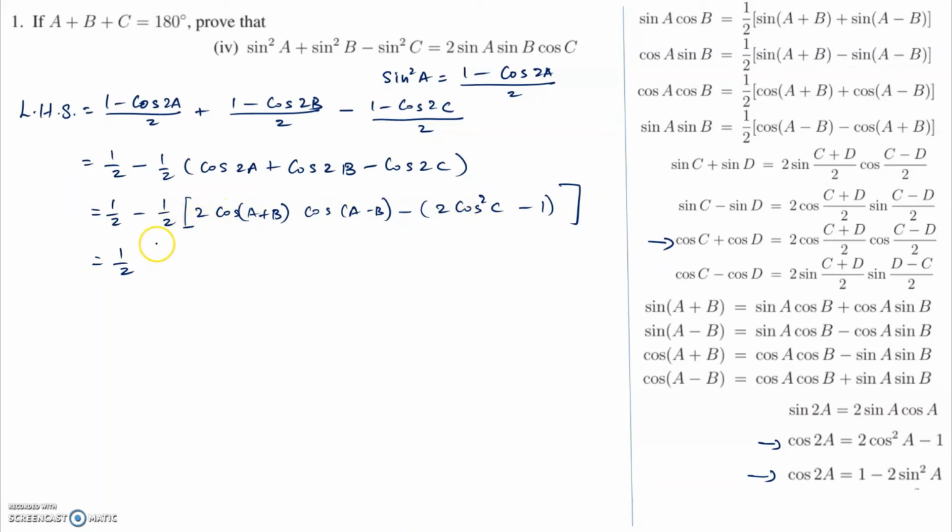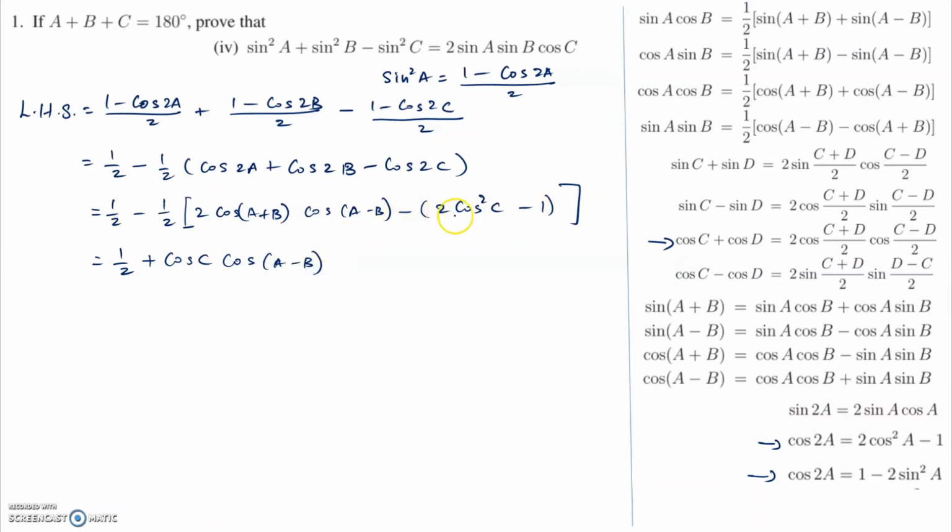If you open the brackets, this will be a plus, 2 and 2 will get cancelled, cos c, it's a plus because cos (a plus b) is minus cos c, so minus into minus will become a plus here, into cos (a minus b).